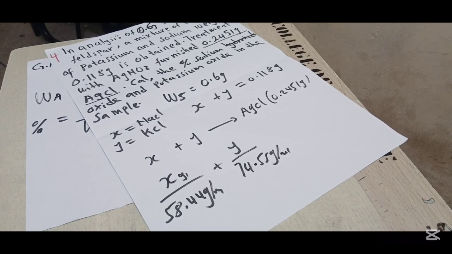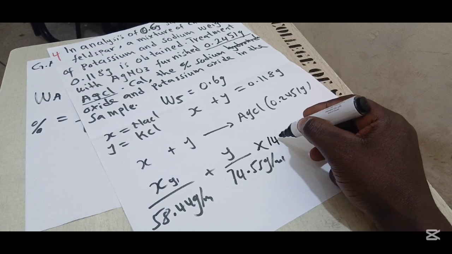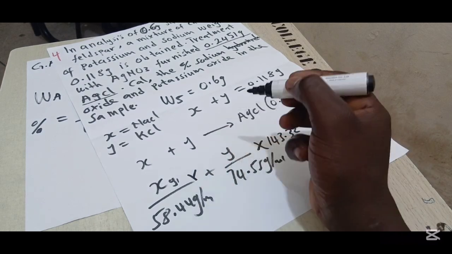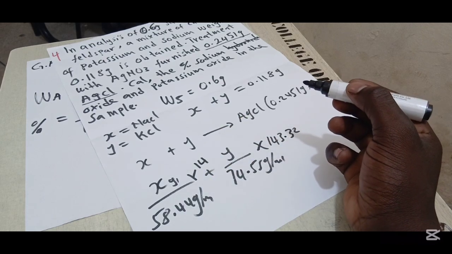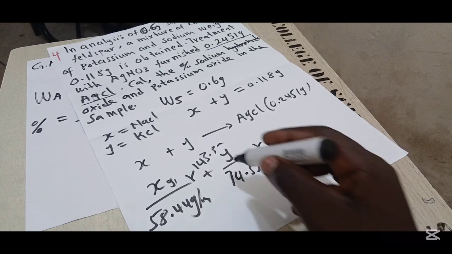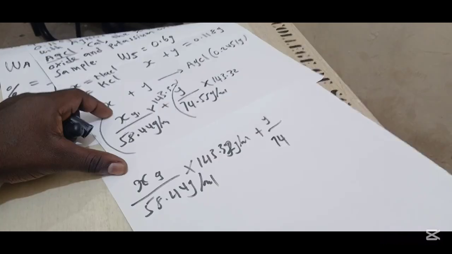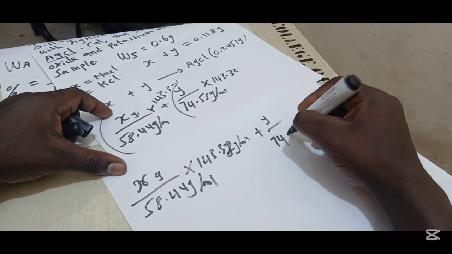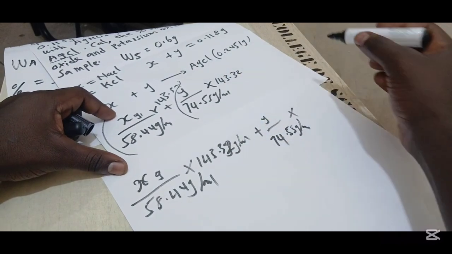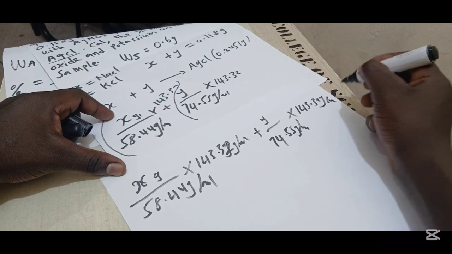But we are to multiply each term here by the molar mass of AgCl, which is 143.32. And here too, it should be the same, 143.32. So just like this. Let me write everything again. Grams per mole multiplied by molar mass of AgCl, which is 143.32 grams per mole.